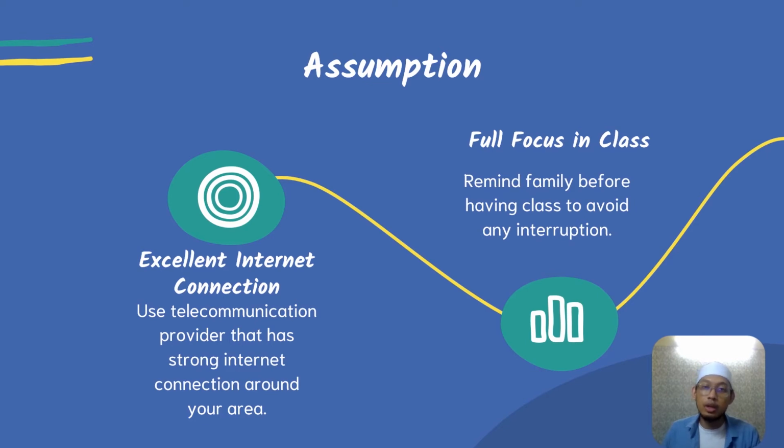One way is that the student can remind the family before having class to avoid any interruption. So the family will be aware that their son or daughter has class, and they will give space to their daughter or son.